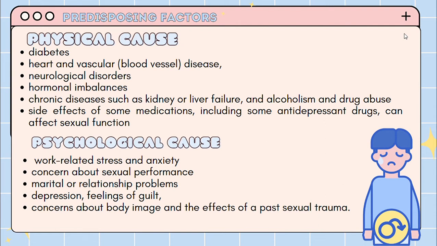Side effects of some medications, including some antidepressant drugs, can affect sexual function. For the psychological cause naman, we have work-related stress and anxiety, concern about sexual performance, marital or relationship problems, depression, feelings of guilt, concerns about body image, and the effects of a past sexual trauma.